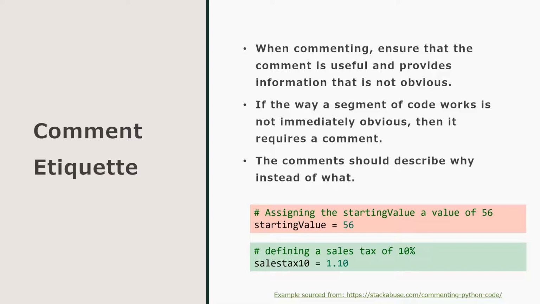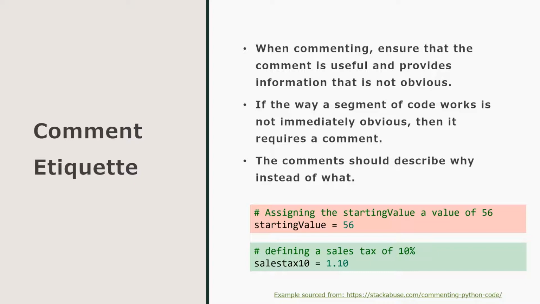comments. So that first example, the comment says assigning the starting value a value of 56, and then the next line does that. But the thing is, just reading the next line, it tells you that that is what's happening. Now, the second example is an example of good commenting.